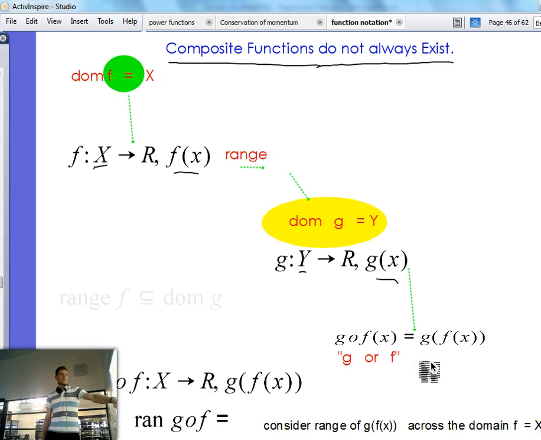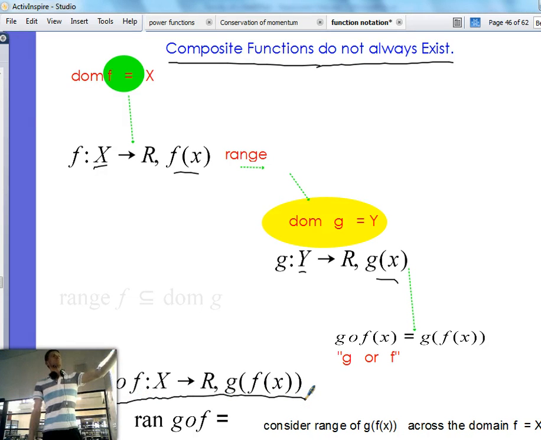And from there, we're able to continue on and fully define our g of f function. And we have this as a way of defining our composite function g of f, where the original domain was all the way up here. The domain for f becomes the domain of g of f. So this is still preserved. Okay, but then we need to think about, once we've developed our composite function, we've defined g of f of x, what is the range?